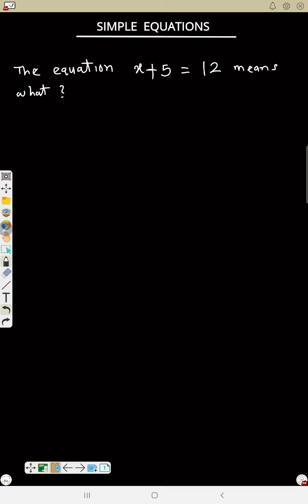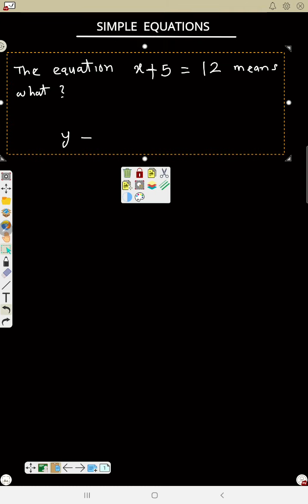Now let's see again. Let me say y minus 6 is equals to 9. What is the meaning of this equation? Now this equation means when 6 is subtracted from a number, the result is 9. That is, y can be any number.